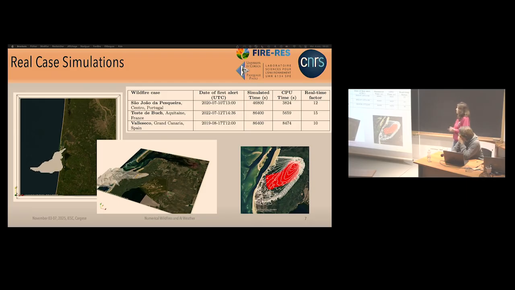These are three of the cases we realized. We have one of the 2022 wildfires in Aquitaine, where we show the developing plume in the smaller innermost domain, but also at larger scale. And we tested it also in Spain and in another case in Portugal.